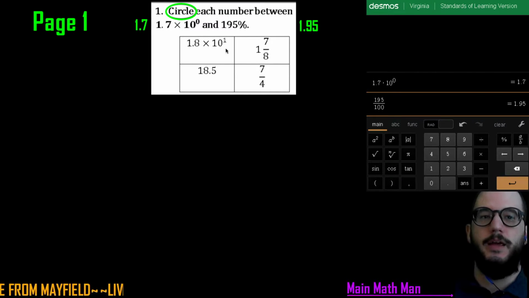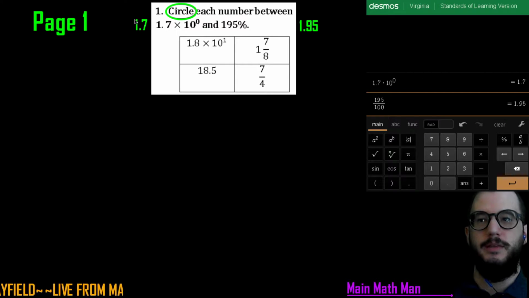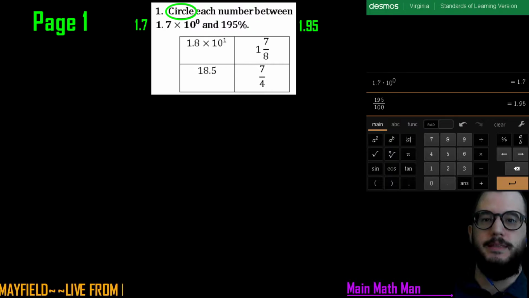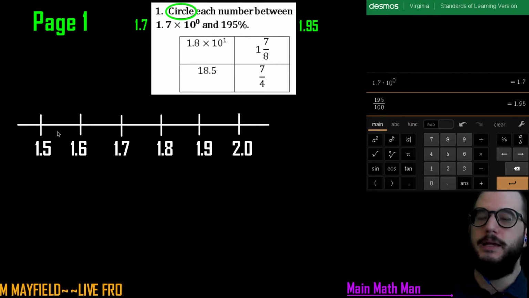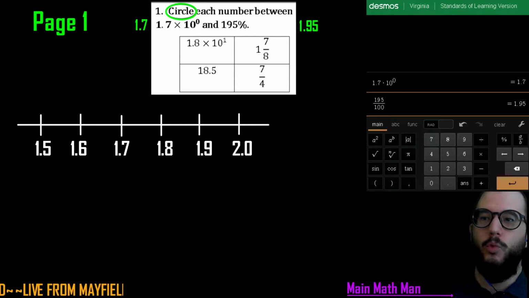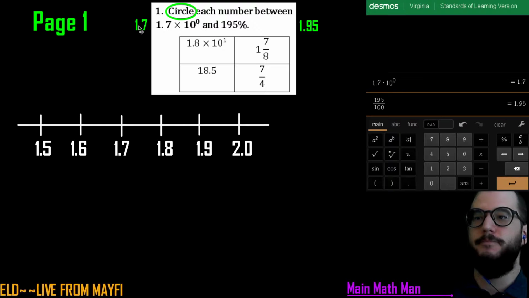And so I'm trying to figure out, okay, which of these is going to be between these two numbers. A way to think about it is like this. If I'm going to work on a number line, I can see that I'm working between these 2 points. So I have 1.7 is already there, and then 1.95, that's going to be real close to 2.